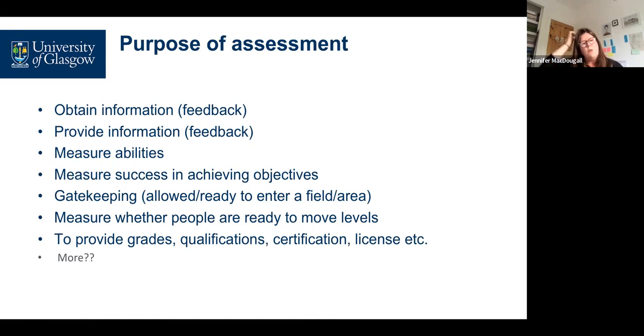Okay, so we can start off just by looking at some of the ideas behind assessment and why we do what we do. Why do we assess people for language? Here are some of the reasons, I guess, the purposes of assessment.